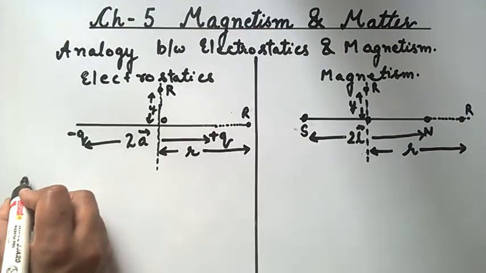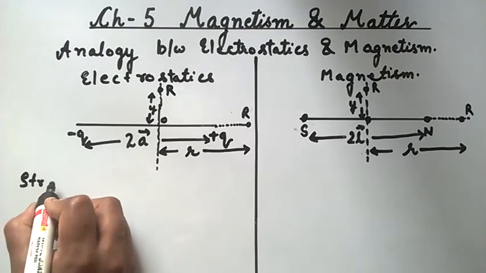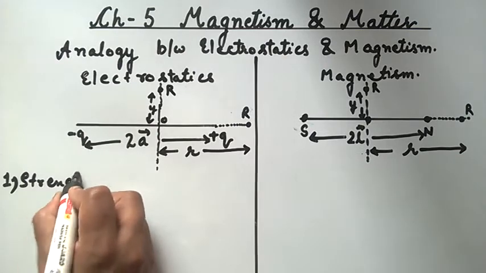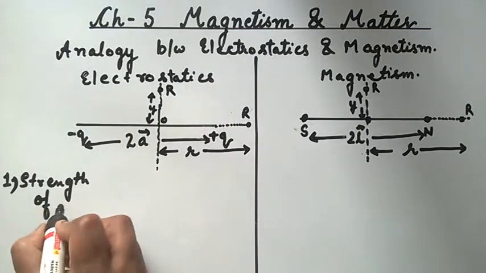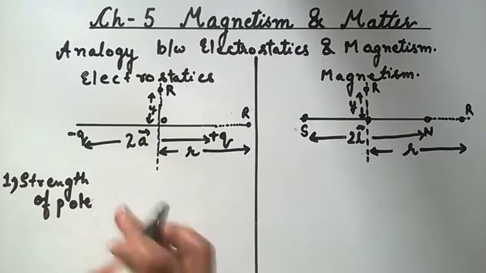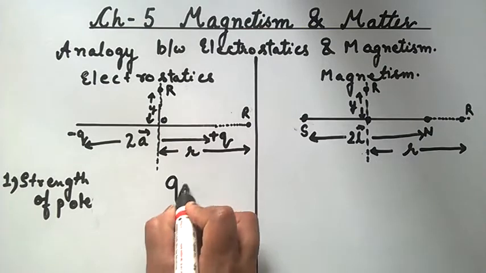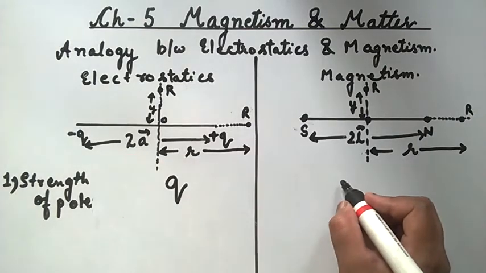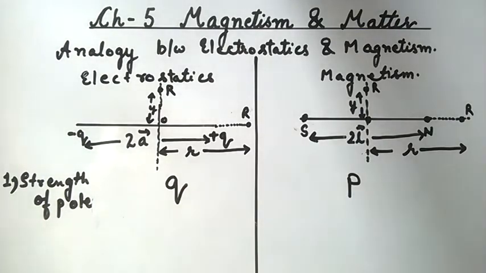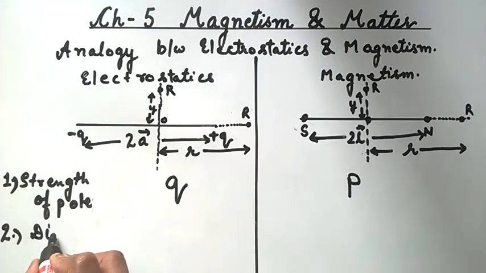Now, if we compare the strength of poles, strength of pole is given as Q in electric field and it is given by P in magnetic field. Now, the dipole moment, or take the distance between the poles first.